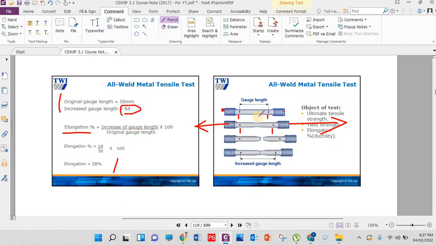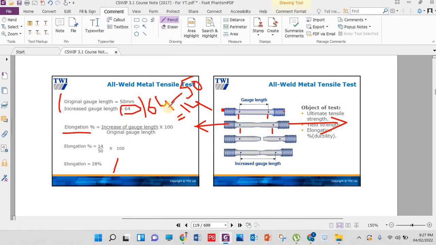It's very simple. Suppose the original length is 50, increased length 64, then how much is the difference? 64 minus 50 means the elongation is only 14.